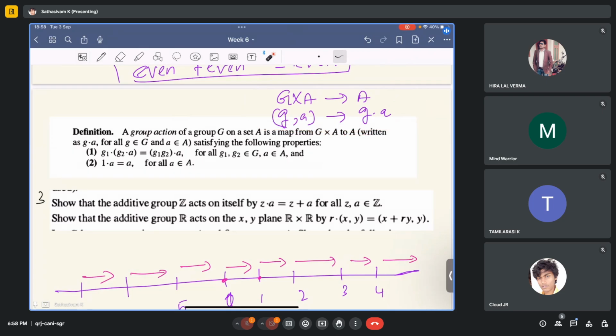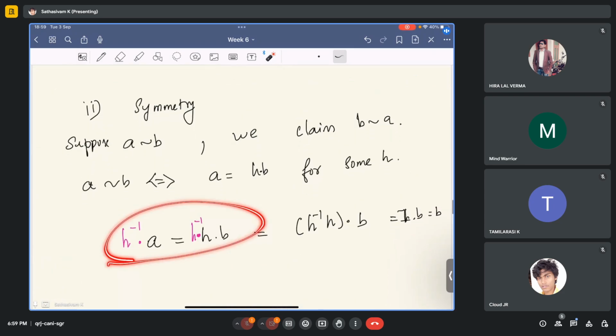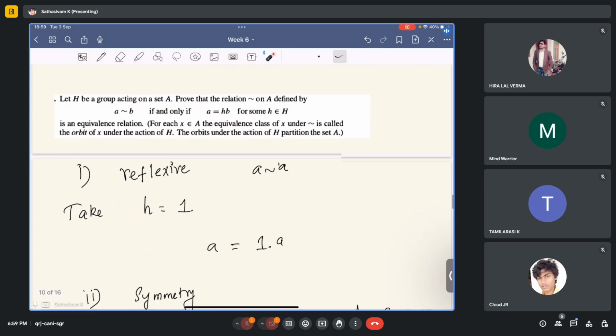This is a very weak condition. So these two properties are imposed in such a way that there is a good theory later. These are imposed so that this relation becomes an equivalence relation, and then we can talk about equivalence classes, etc. So later it will be important. These conditions are imposed in the group action so that the theory is useful. Otherwise, it's not useful. That's why those conditions are needed there.